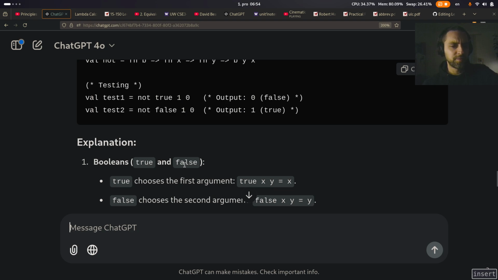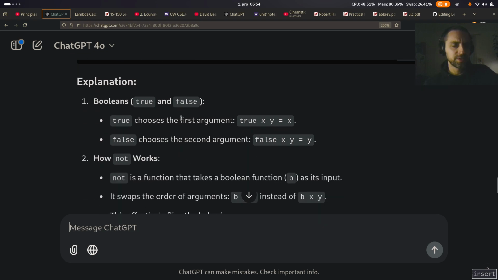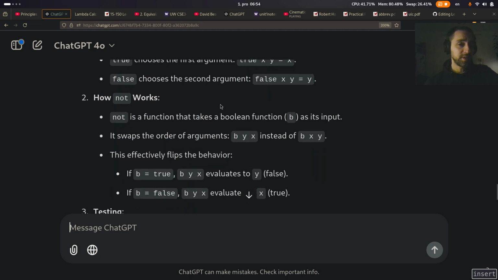The booleans true and false: true chooses the first argument, true x y is x; false chooses the second argument, false x y is y. So not is a function that takes a boolean function b as its input. Yes, I was not thinking straight.